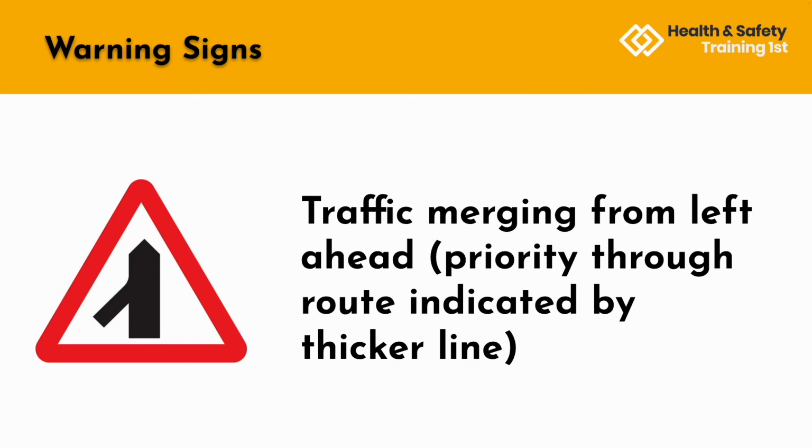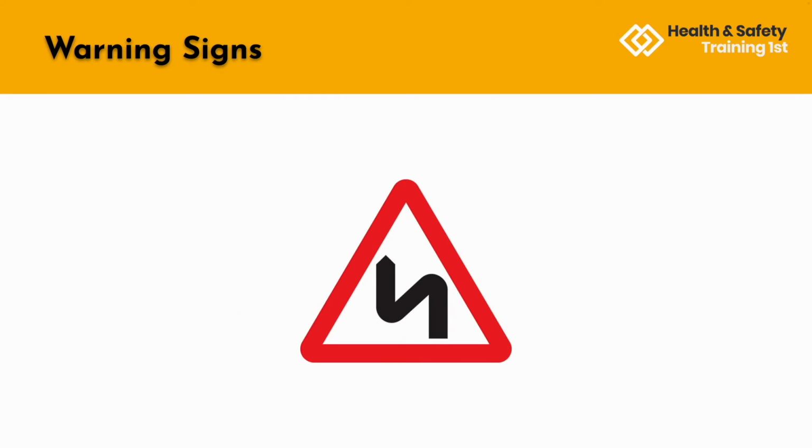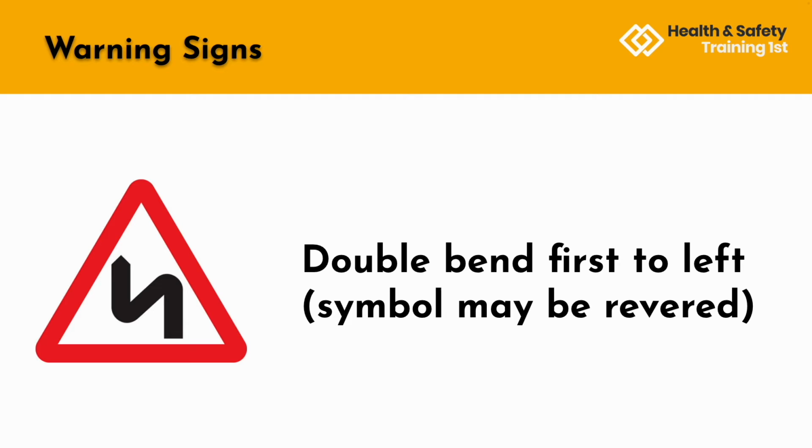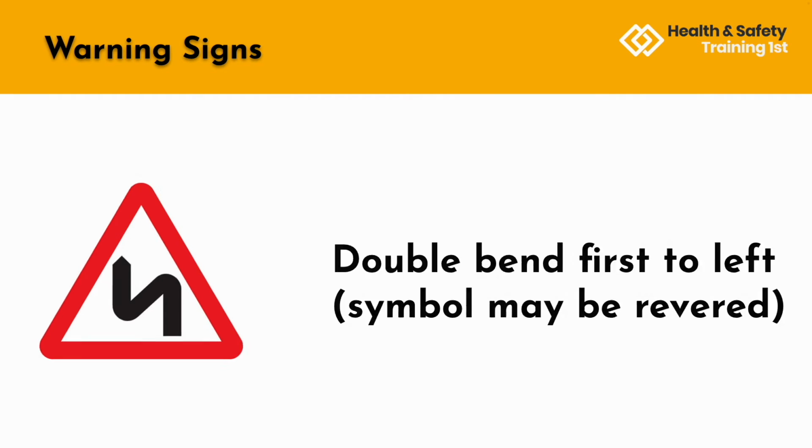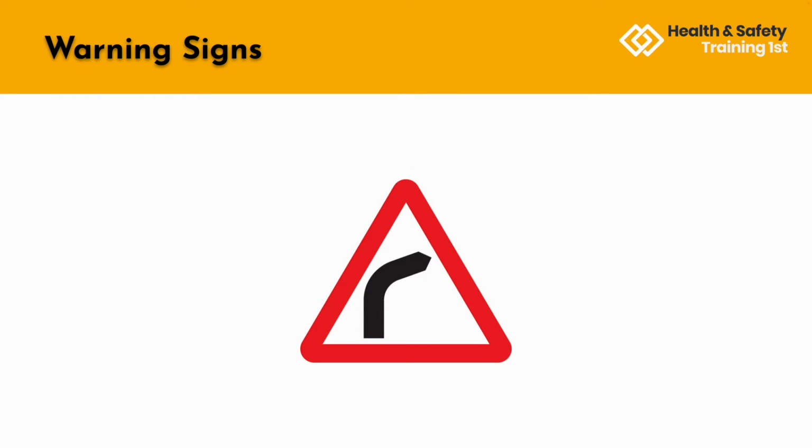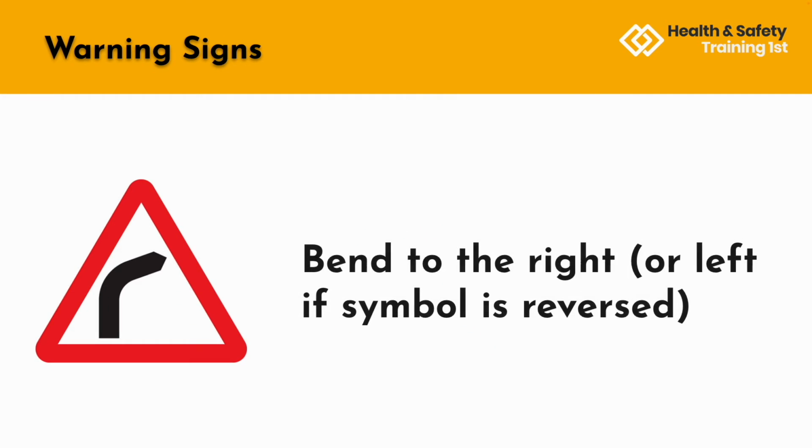Traffic merging from the left ahead. Double bend first to left. Symbol may be reversed. Bend to right, or left if the symbol is reversed.